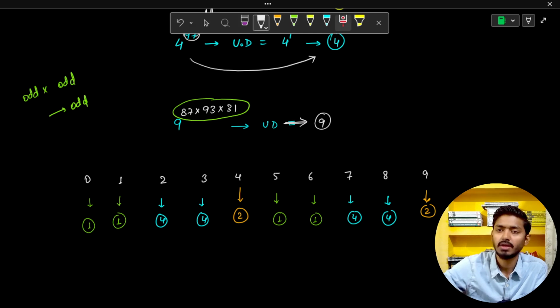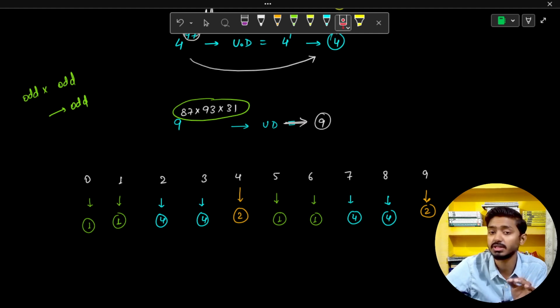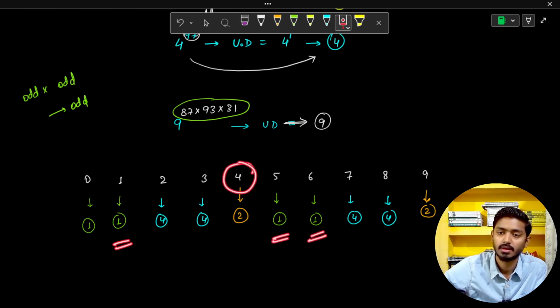What we have learned till now is, if we write all the numbers from 0 all the way up to 9, we see that 0 and 1 repeat at a cyclicity of 1. That means all the numbers having unit digit 0 would give us unit digit 0. Same goes for 1, 5 and 6. 4 and 9 repeat at a cycle of 2.